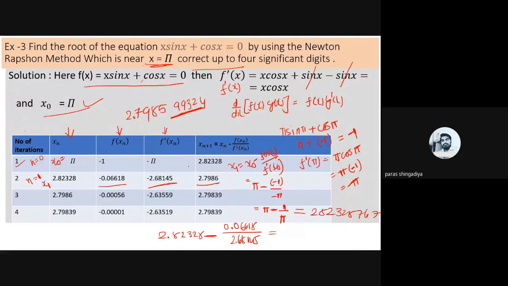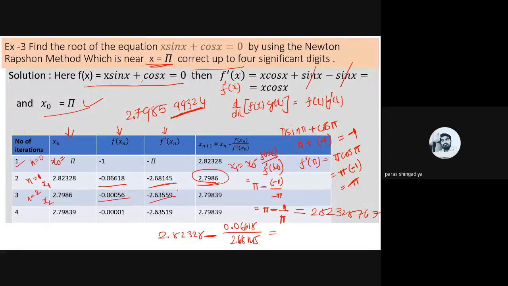You can start the next iteration by using 2.798685 also. Clear? So this is the answer of x2, and now for the next iteration use n equal to 2, so x2 is 2.7986, and now let us verify the function output and its derivative output.